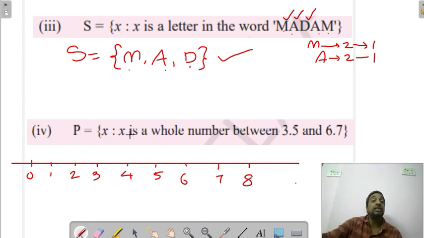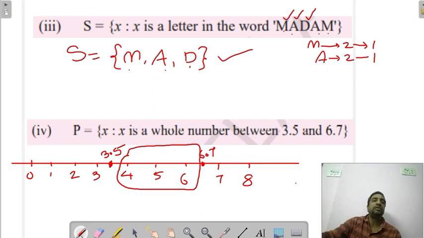Now what is asked? X is a whole number between 3.5 and 6.7. First of all, where is 3.5? Between 3 and 4. Here it is, 3.5. Then where is 6.7 exactly? Tell me, children. Yes, between 6 and 7. Now locate the whole numbers between these two decimals.